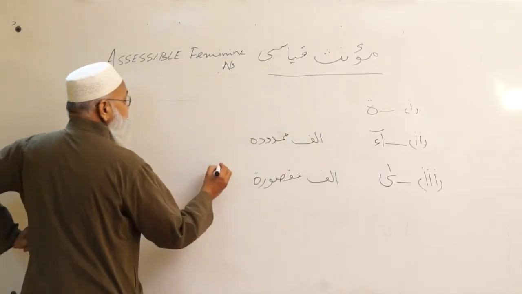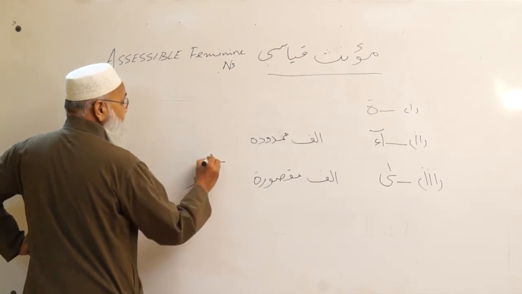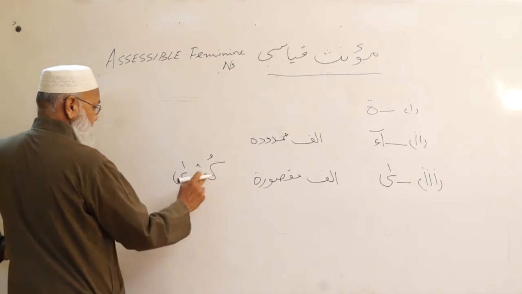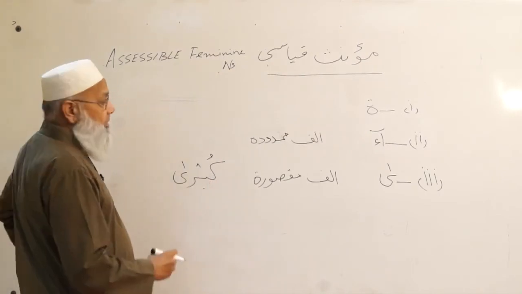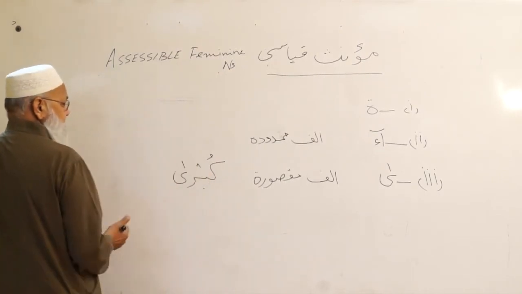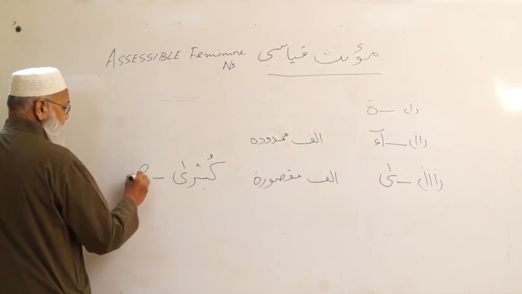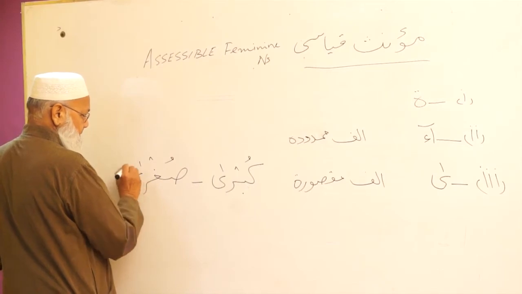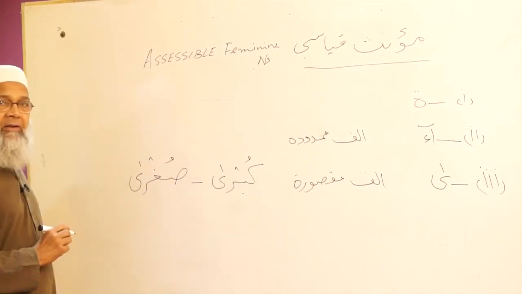Examples are kubra, the biggest feminine object, and sughra, smallest feminine object.